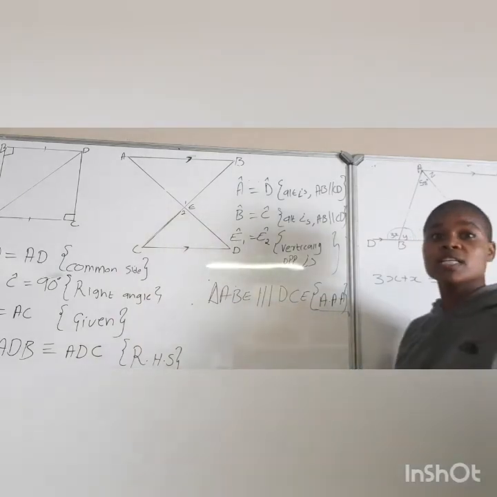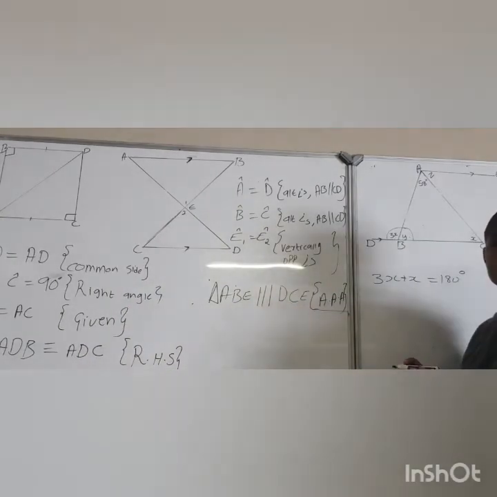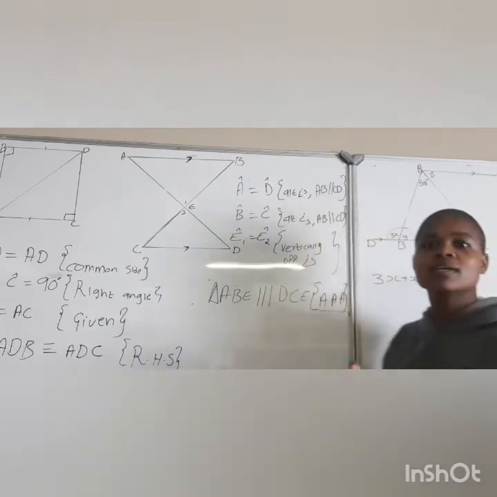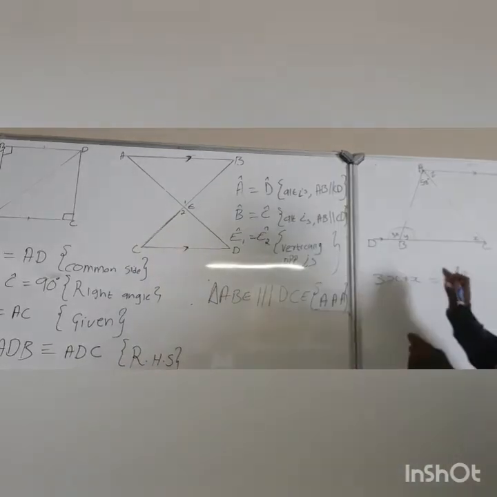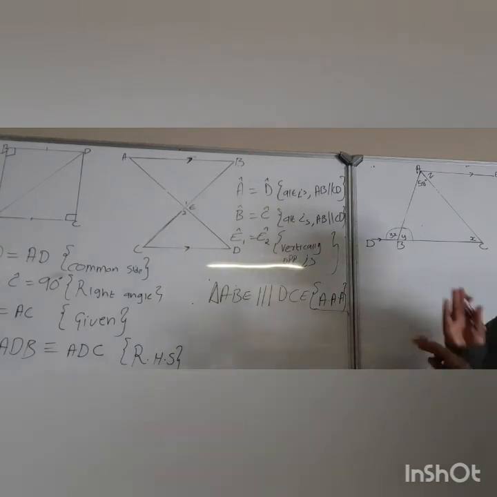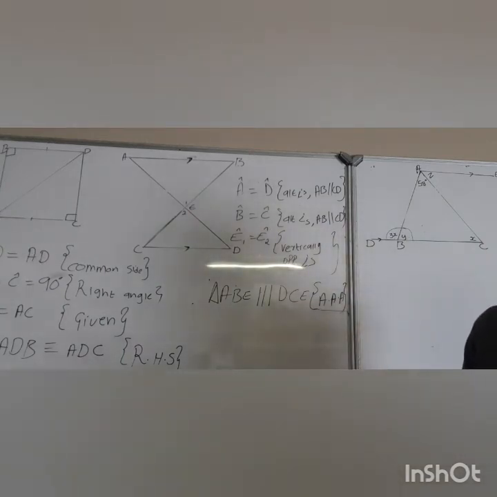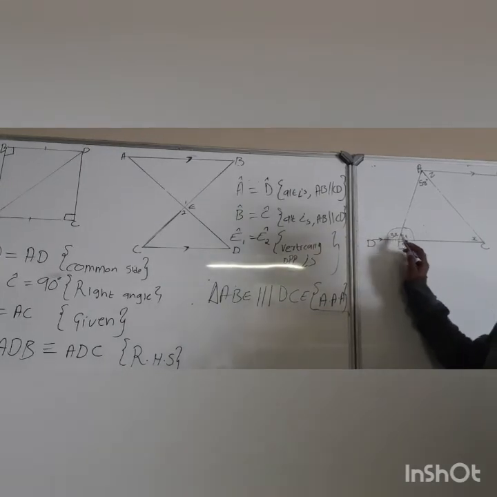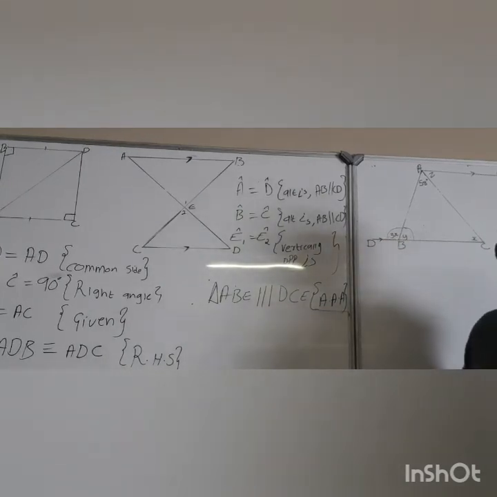Did you get my point? Do you not see? Yeah, now I see. Okay, sharp. So what you said cannot work, because we cannot consider angles so far from each other to be on the straight line.